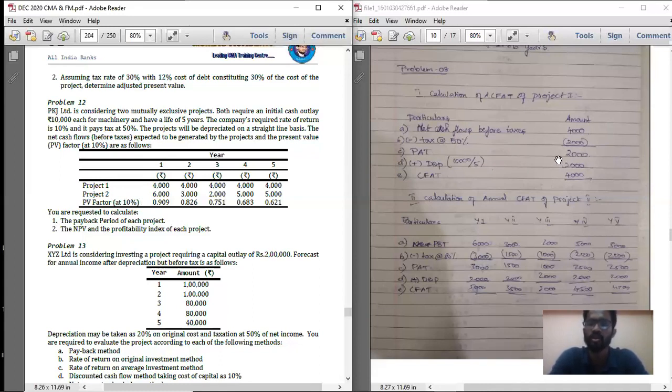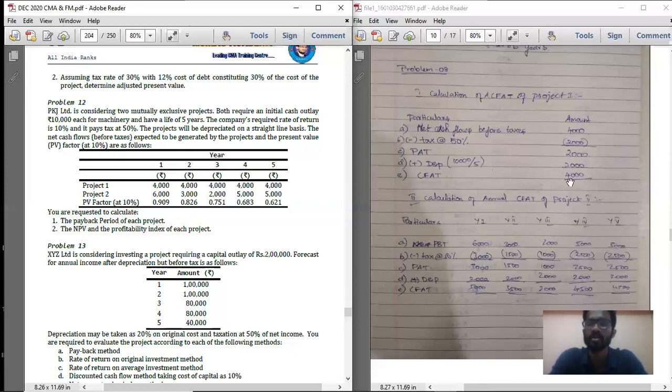Below that, record 2,000. In respect of the 2,000, record small c, profit after tax. Profit before tax minus tax gives you profit after tax. On that profit after tax, if you add depreciation, which is a non-cash expense, you will get cash flow after tax.